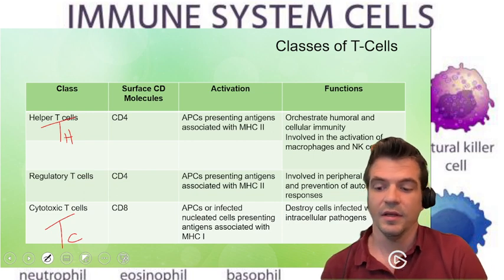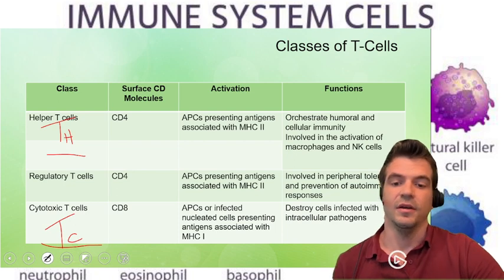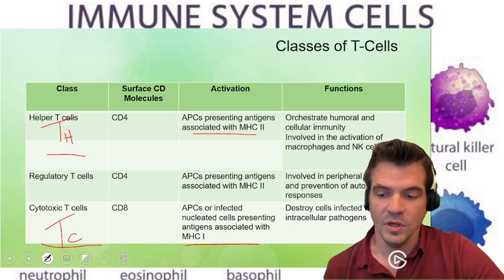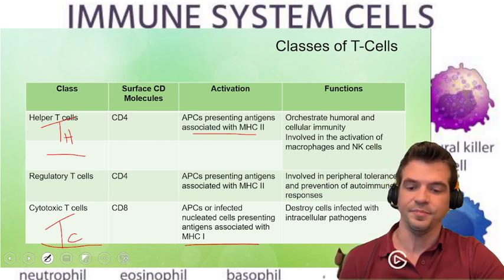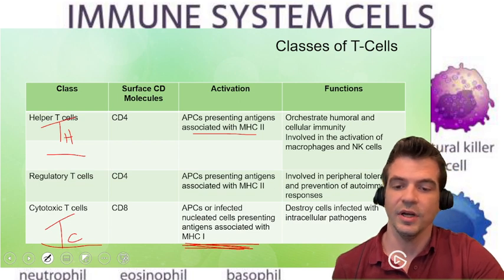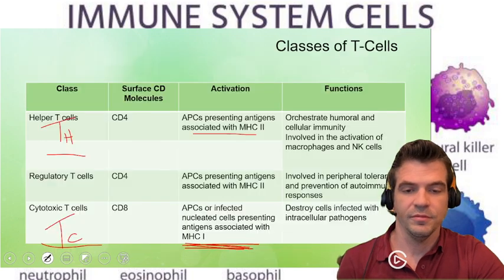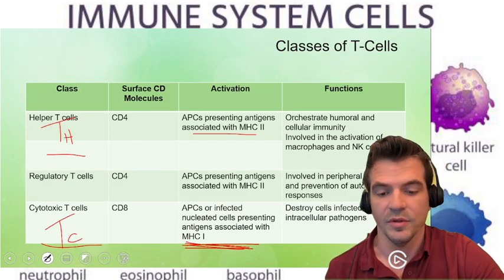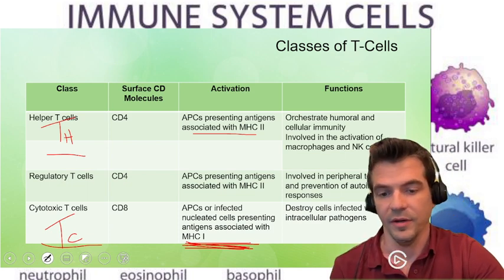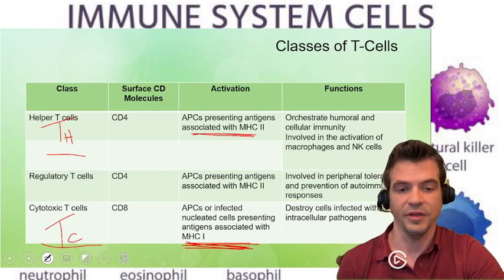Helper T cells and cytotoxic T cells are associated with MHC2 and MHC1 as we see. Since we're in our cytotoxic section, we will learn more about these ones, and then we'll learn about the helper T cells when we learn about the macrophages.